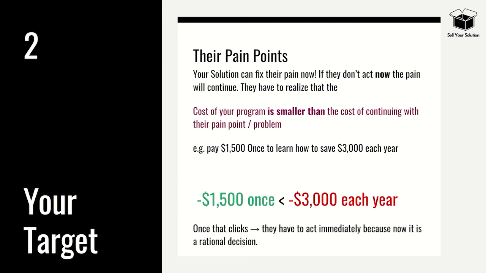And then every year thereafter, they're getting $3,000 in savings. That's a good deal. Once the person really fully understands the value and the cost with this simple example, they act immediately because they know that the costs of keeping the problem by far outweighs the cost of your solution.